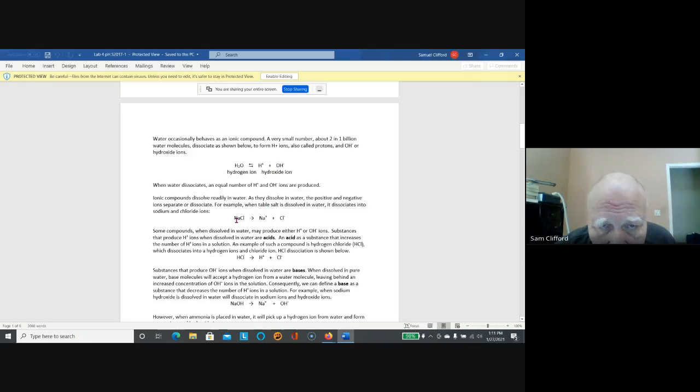When an ionic compound like sodium chloride breaks down, it dissolves into sodium and chloride. A substance like HCl, hydrochloric acid, produces hydrogen ion plus chloride.